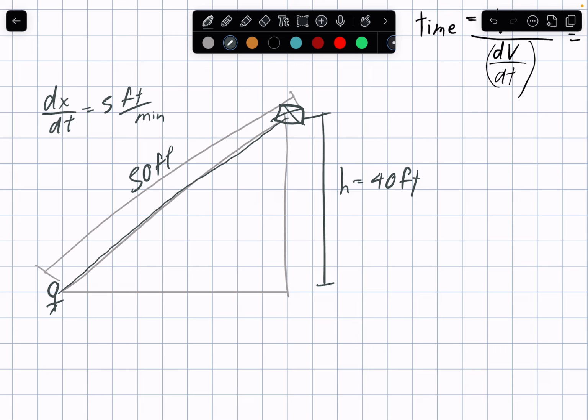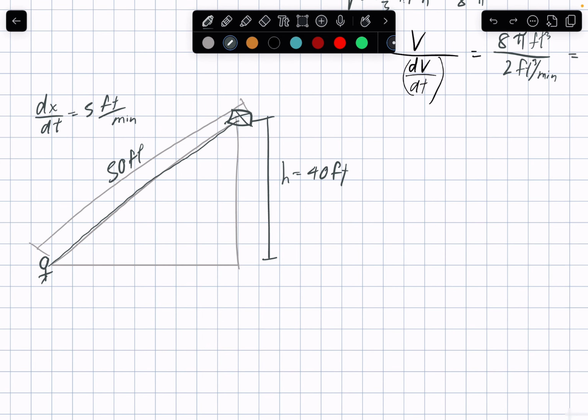Time is definitely involved because we have minutes. And so we are looking for ds over dt. But what is the s? Side, I guess, because we don't have the value of this.